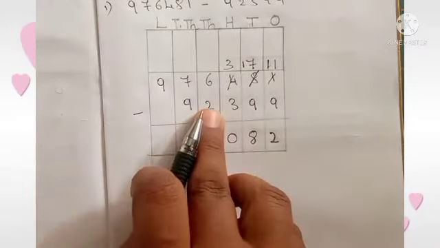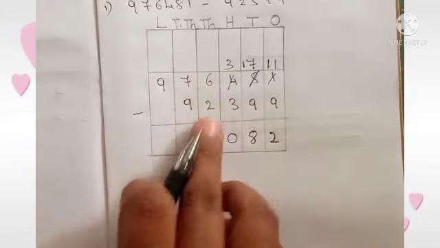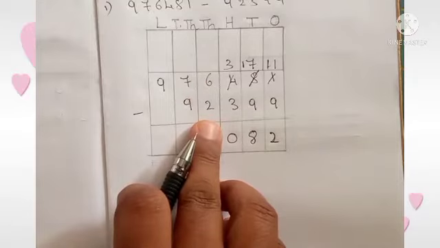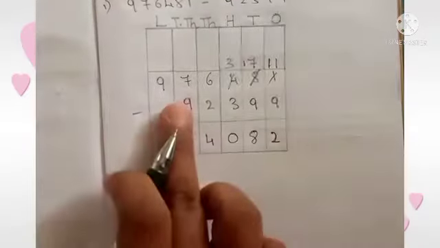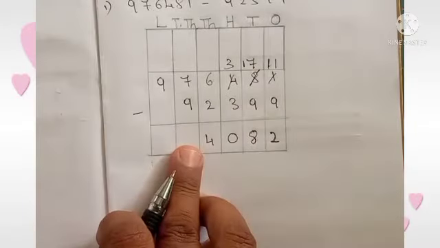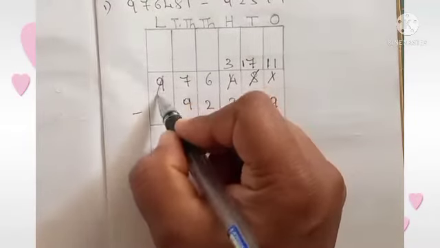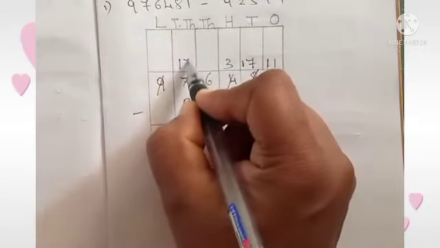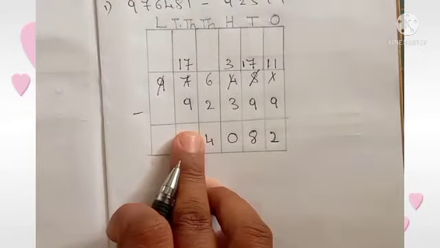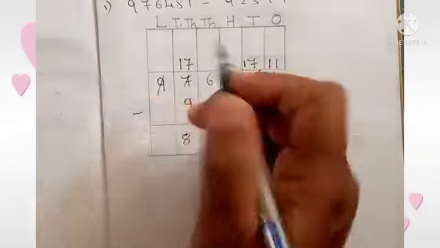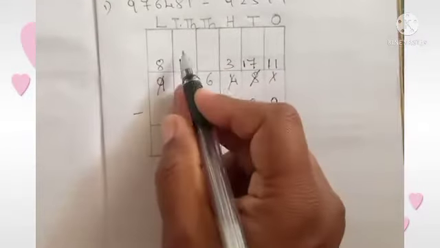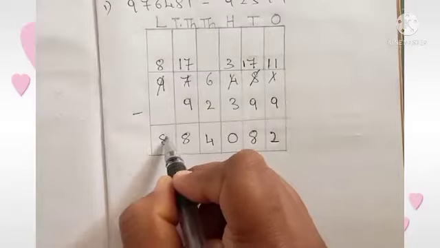Here in the thousands place, 6 minus 2. How much will you get? Yes, 4. Okay. Now in 7, can you minus 9? No. What you should do? Borrow 1 here. So this will become 17. 17 minus 9, how much? 8. So how much is remaining here? 8 is remaining. So this 8 directly will come down.